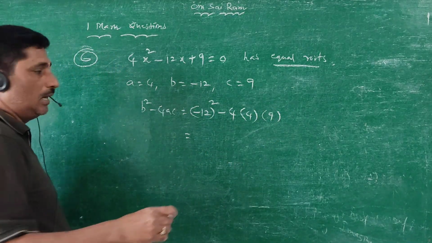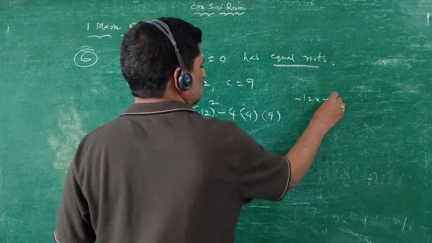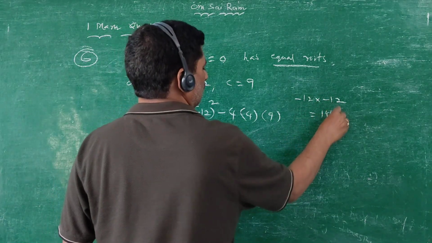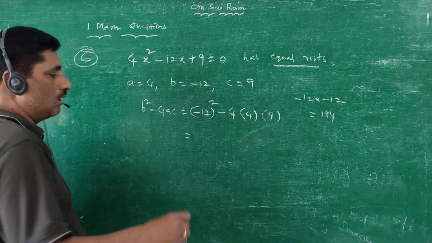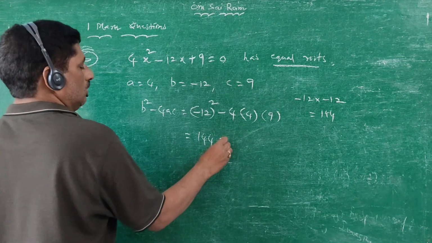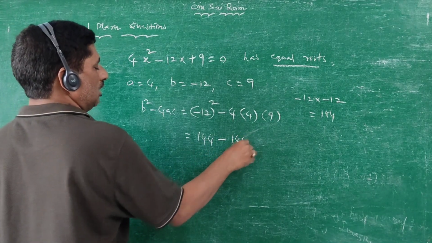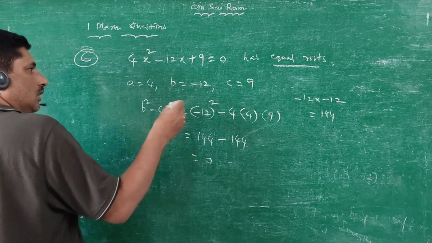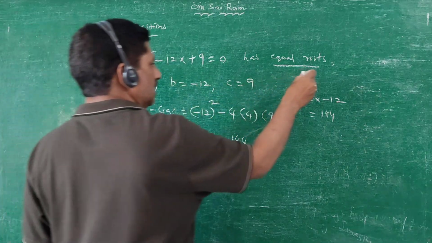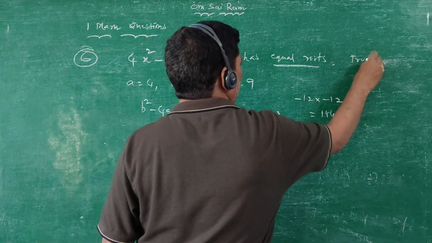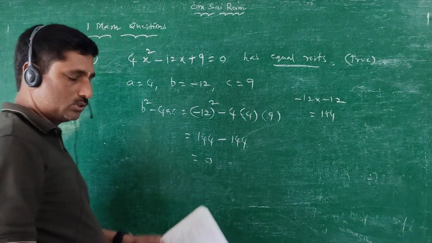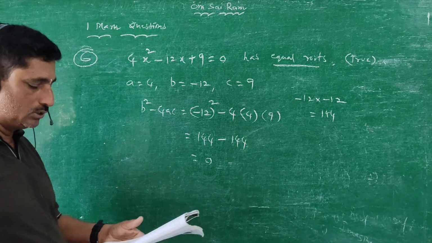Minus 12 whole square means minus 12 into minus 12, minus into minus plus, 12 12s are 144. 4 9s are 144. That is equal to 0. Yes, of course. So the assertion is a true statement. Equal roots, because the discriminant is equal to 0.